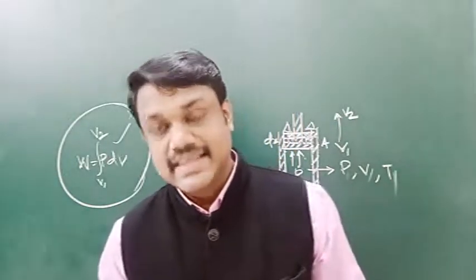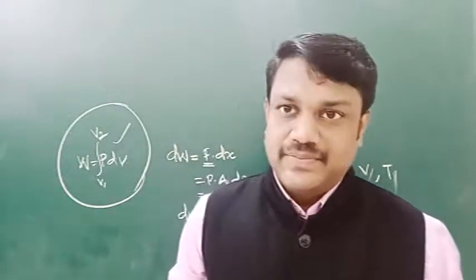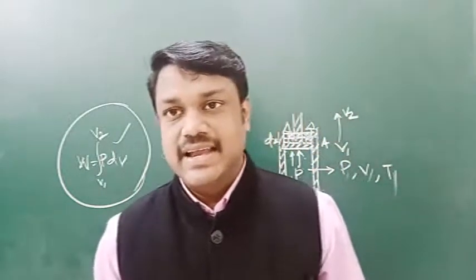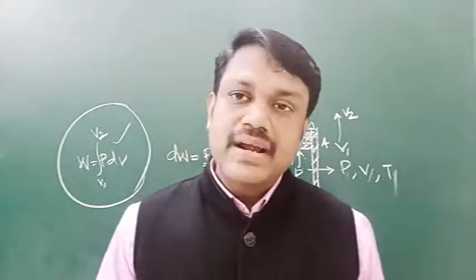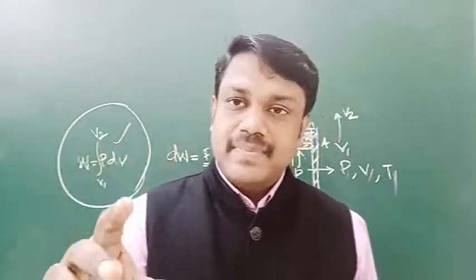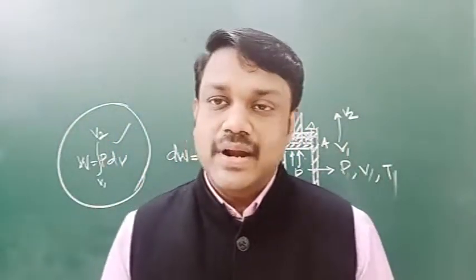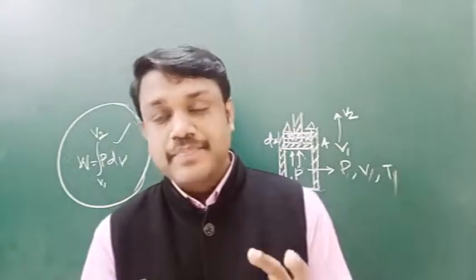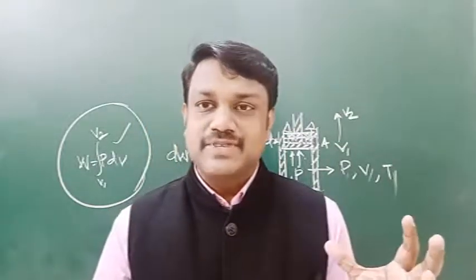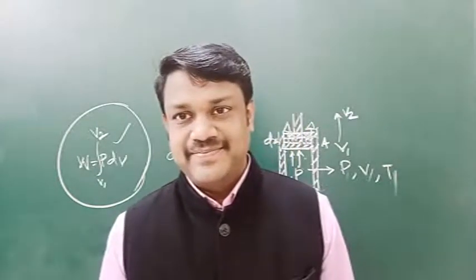So it is positive. That means gaining energy. And when the system expands, it is losing energy. So work done by the system in the aspect of energy is negative, work done on the system is positive. From the point of view of volume, work done by the system is positive and work done on the system is negative.